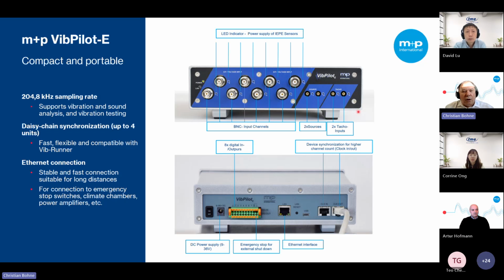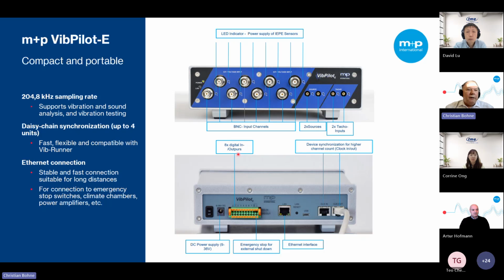And it also comes with Tahoe inputs already integrated, already on the instrument. It's a very compact design, so it's nice and sexy. We have a digital input output at the rear. You can power it with 9-volt DC, or you just take the delivered power supply.